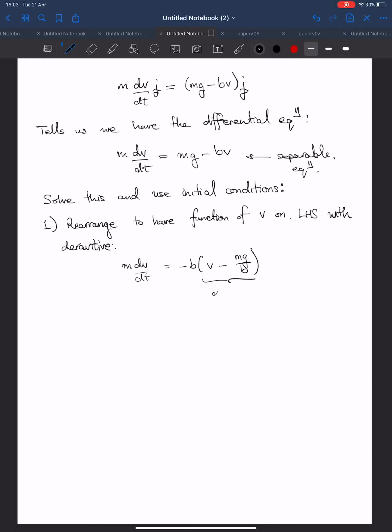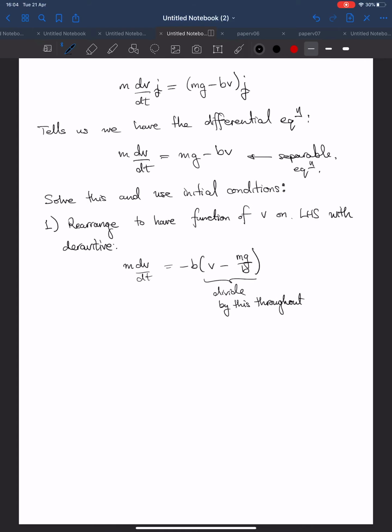For ease in calculation, I'll divide also by m. Okay, so what we get after this is dv by dt, 1 over v minus mg over b, equals minus b over m. And then we're in the scenario where all we have to do is just integrate.